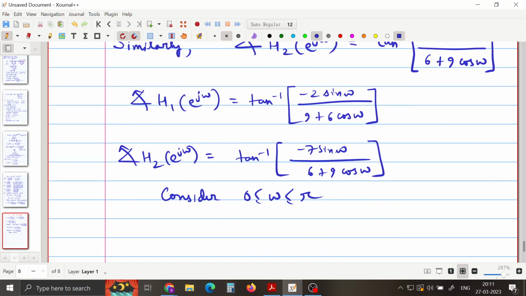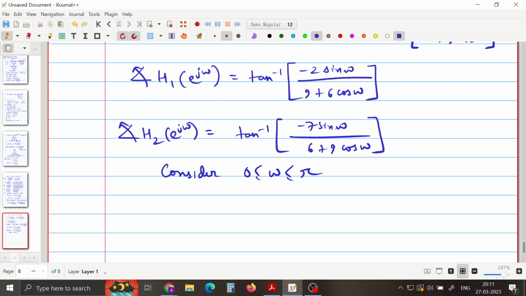Okay, so these are the two phase responses, and if you see, at omega equals 0, what happens to both the phases? What's the value at omega equals 0? Yes, 0.